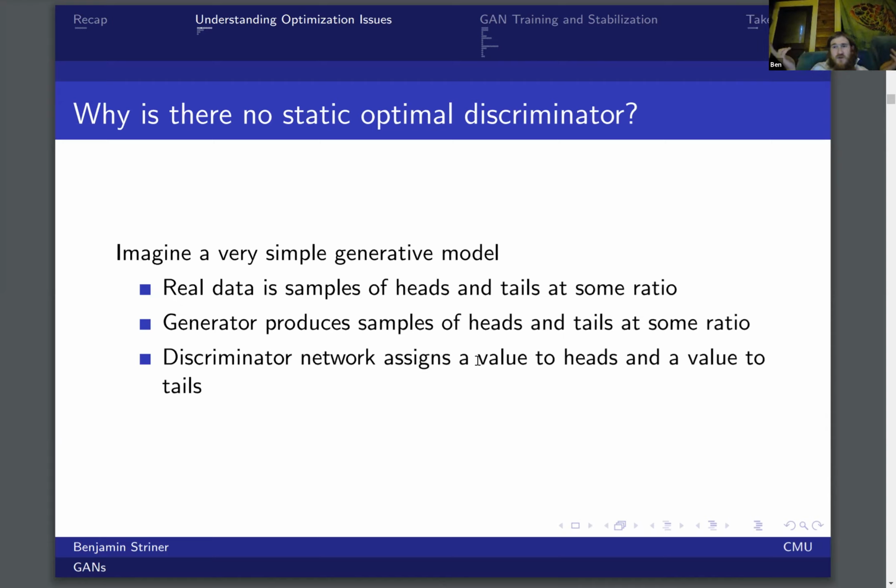We've got a network that generates zeros and ones at some ratio, and our real data is zeros and ones at some ratio. So we've got our real data, we've got our generator, and our discriminator says that zeros get this value and ones get this value, and that makes our generator do more of this or more of that. So let's say it's a very simple 0, 1 discriminator-generator situation.